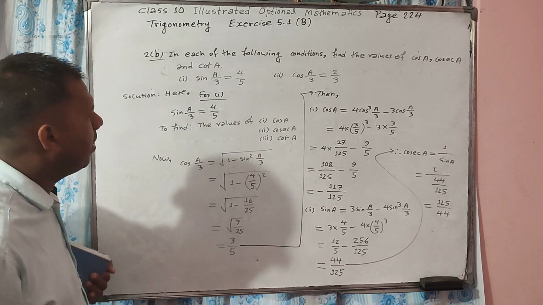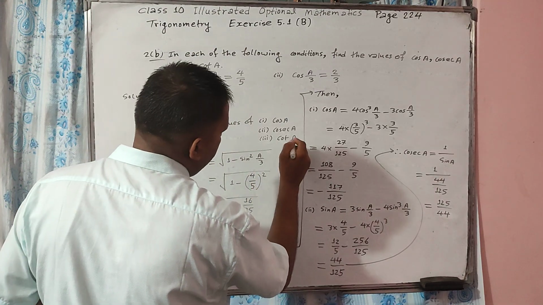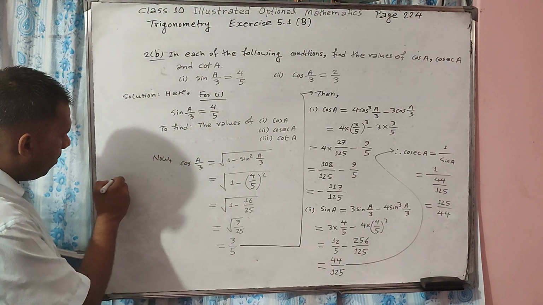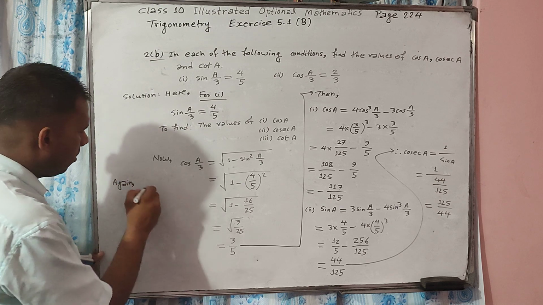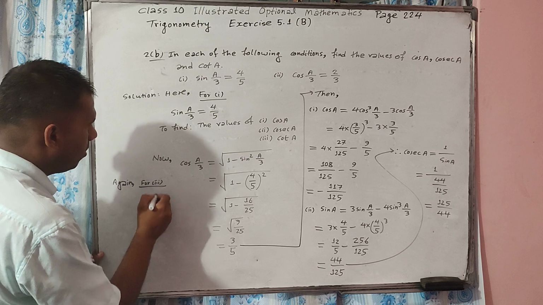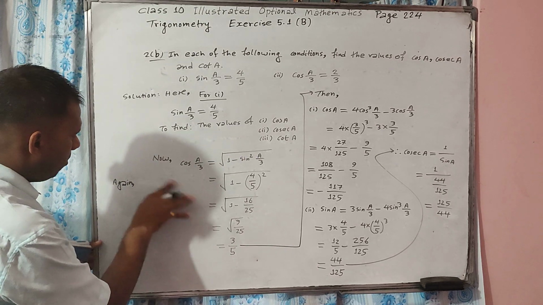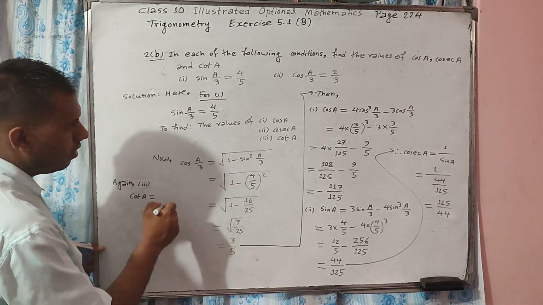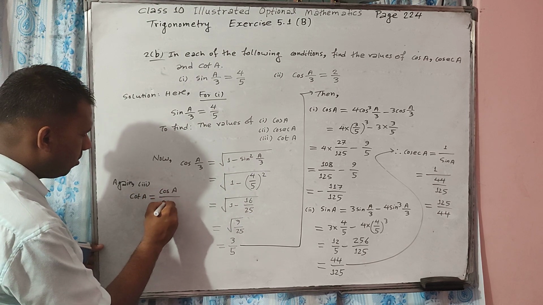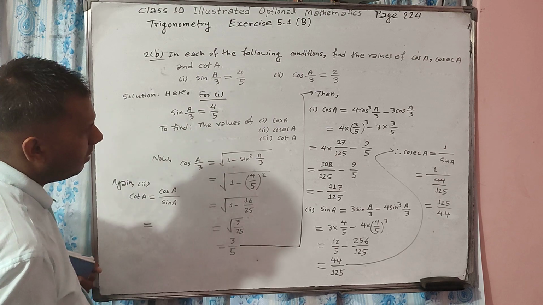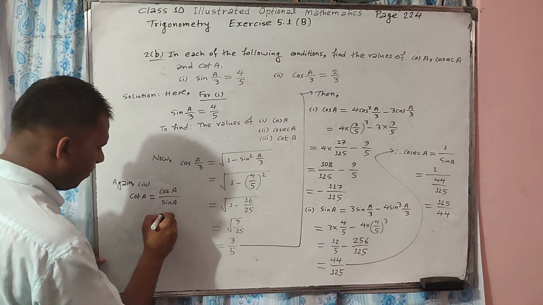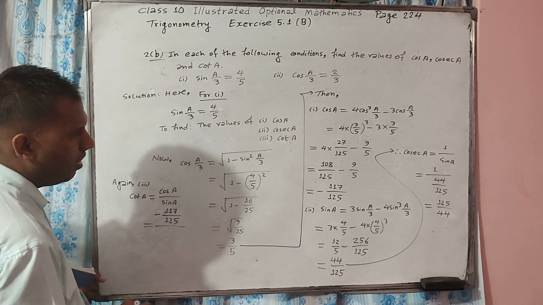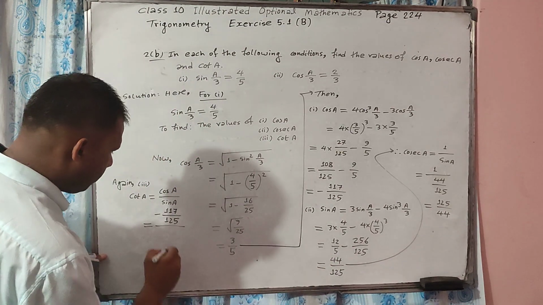Now number 3, we have to find the value of cot A. Cot A equal to cos A upon sin A. Value of cos A is minus 117 by 125 upon value of sin A, sin A is 44 by 125.